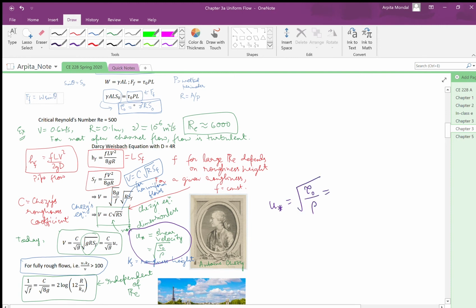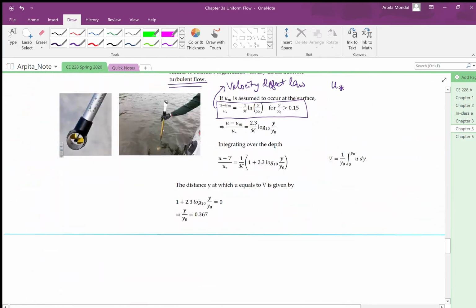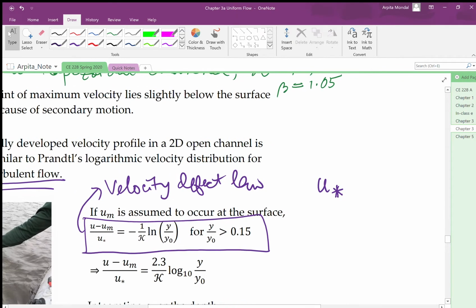We already have an expression for the shear stress, so when we plug that in, the shear velocity u star is given by square root of g R S naught, and that same u star also appears in the velocity defect law.